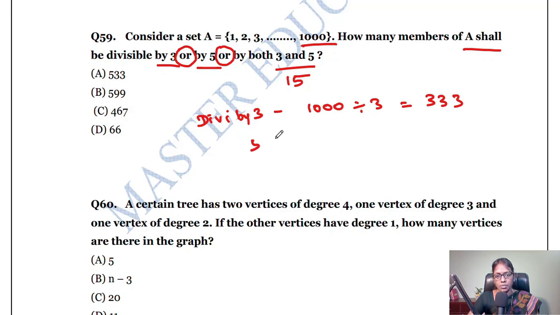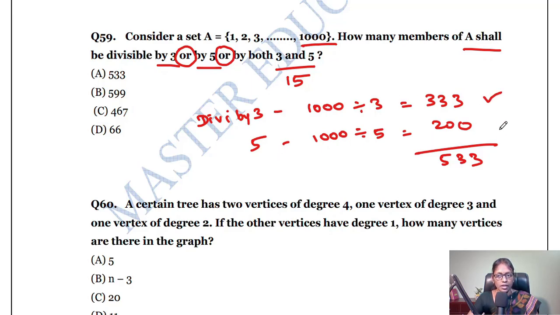And divisible by 5: 1000 divided by 5 is 200. So totally there are 533. Now by both 3 and 5: here we counted how many numbers are divisible by 3 and how many by 5, so numbers divisible by 15 are counted twice.